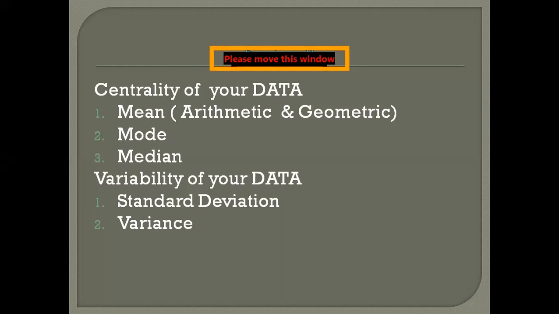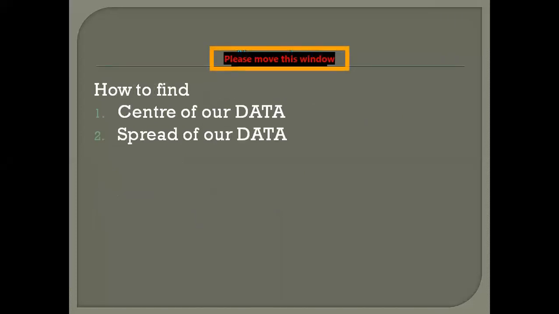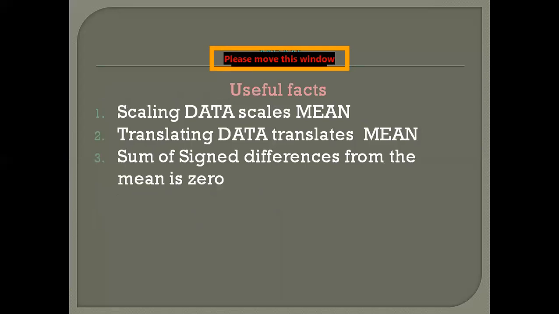Like we discussed a bit about the mean, we can also find the center of your data using mode or median, which are quite simple techniques. And then we can find the variability of data, how spread the data is, which we can do using standard deviation or variance.